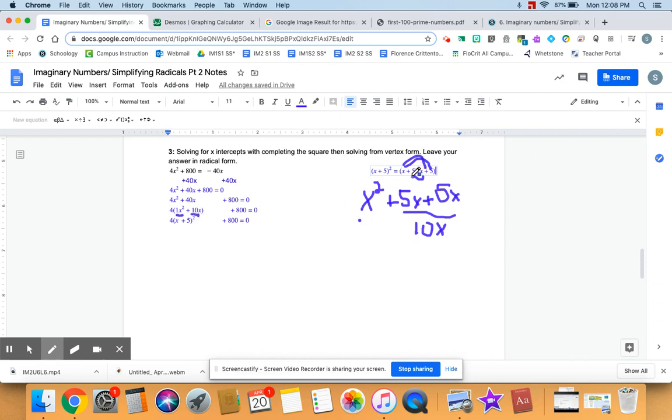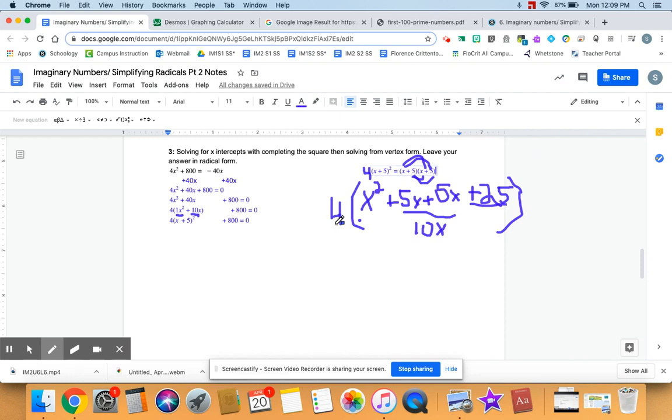But then I have to do the 5 times the 5, which happens to be 25. That 25 is not up here. It's not over in my parentheses. So it's almost the same thing, except I'm secretly adding this plus 25 by changing this into that. And it's not just 25, because there's this 4 in front being multiplied to it. So there's secretly a 4 right here in front, which means there's a 4 in front of all this.